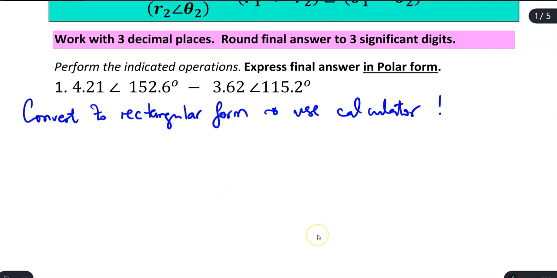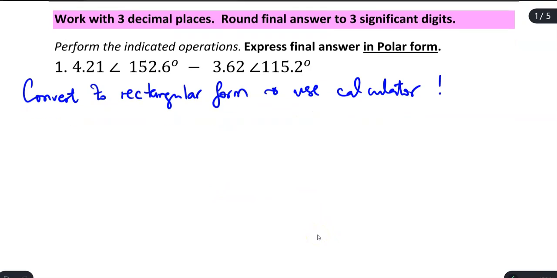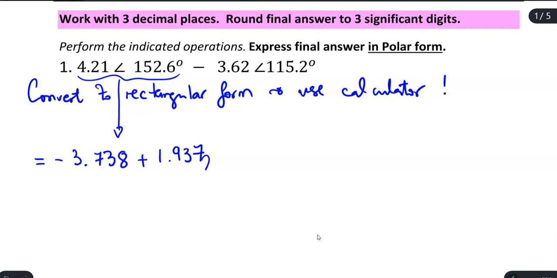So what I'm going to do is use my own calculator and give you the numbers that I found. For this particular complex number in polar form, when I convert that, I end up with -3.738 plus 1.937j. We put that in the brackets.